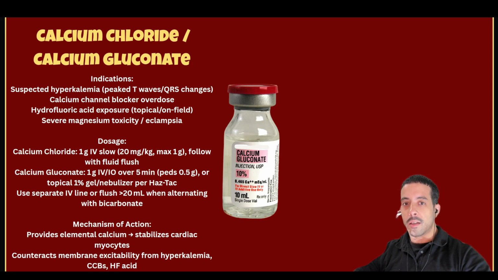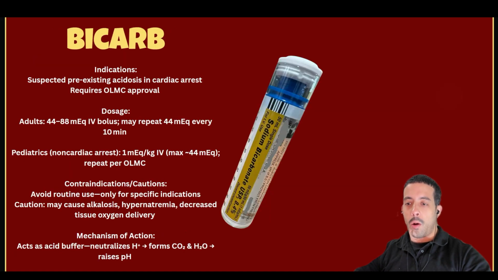Once again, take under consideration what you learned or review what you learned in A&P, and it'll all make sense for you. Now, basically, when we talk about bicarbonate, it's used in some cardiac arrest scenarios, especially when you expect high acidosis in the patient, and it requires in most cases online medical control approval.